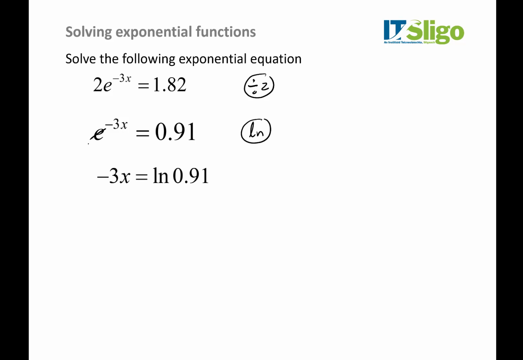That kills the e, the minus 3x just drops down. And finally, we now want to get rid of the minus 3, joined on by multiplication. So we divide both sides by minus 3. Divide by 2, get the natural log, then divide by minus 3.